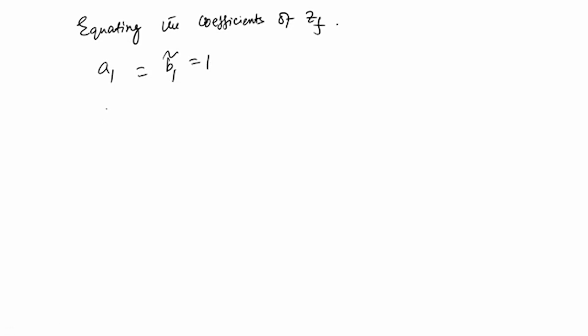and so if you equate the coefficients of various terms, so various terms means equating the coefficients of powers of ZF, we have A1 equal to B1 tilde equal to 1, A2 equal to minus B2 tilde, and A3 is equal to, this you can see term by term for powers of ZF, 4 B2 tilde square minus 2 B3 tilde, and so on.